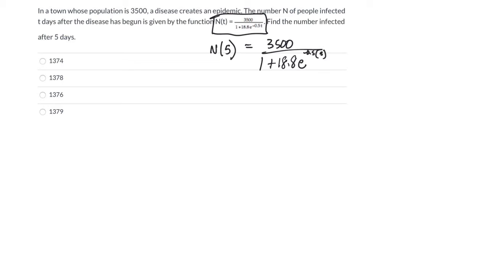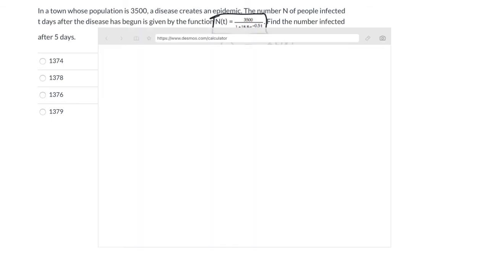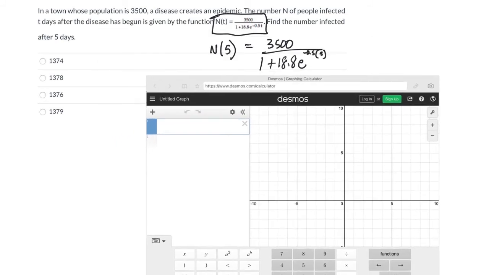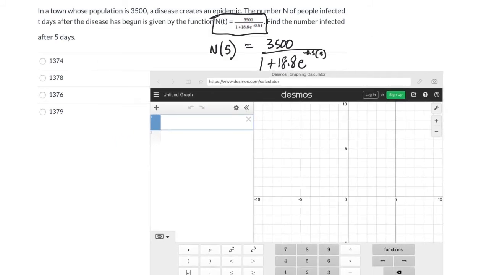Now, to piecemeal that out on a calculator might be tough. I'm going to pull in decimals because I'm finding that decimals does a really good job of displaying the formula as it should be.